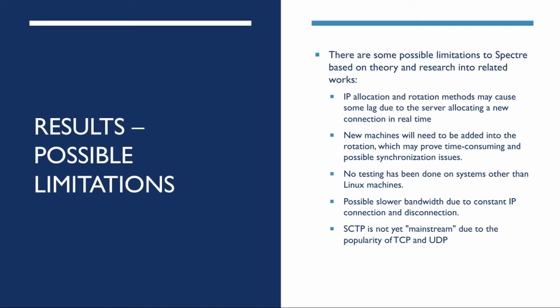This may be minimal due to the fact that the other IP addresses are sharing the load. Another small limitation is that SCTP is not yet mainstream due to the fact that TCP and UDP are very popular, and they're the main types of protocols used at this time. SCTP has been around for a long time, but TCP and UDP have been proving more popular.